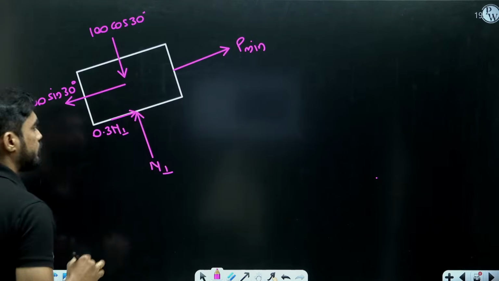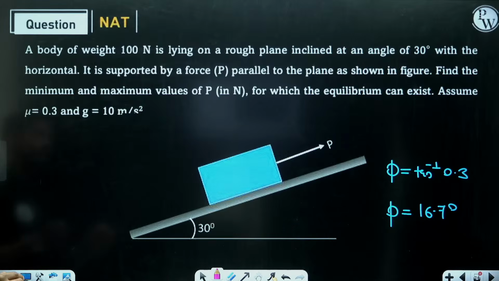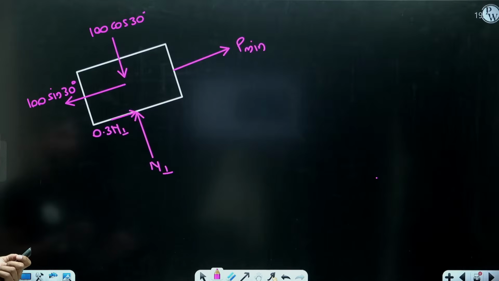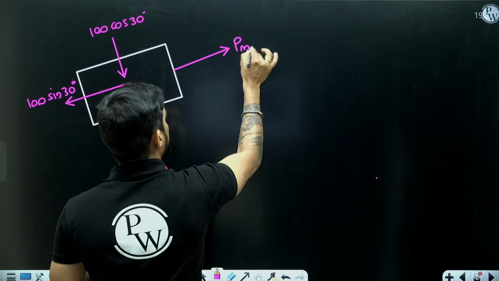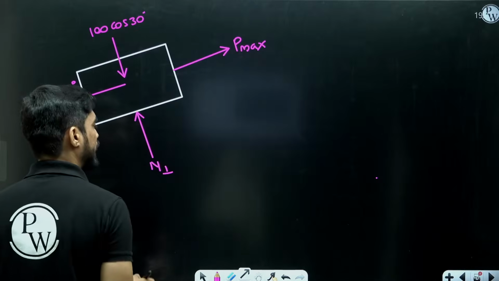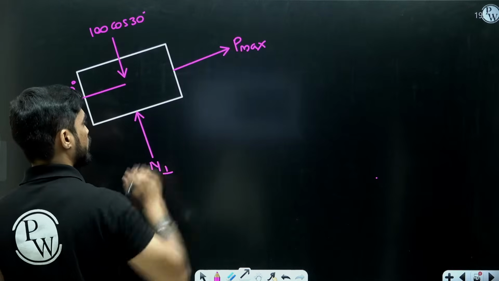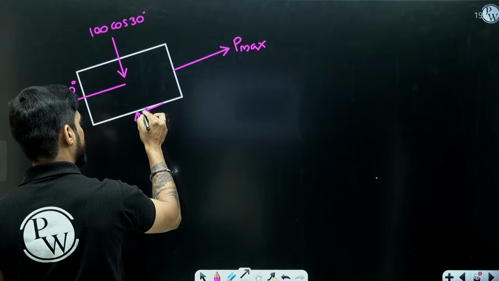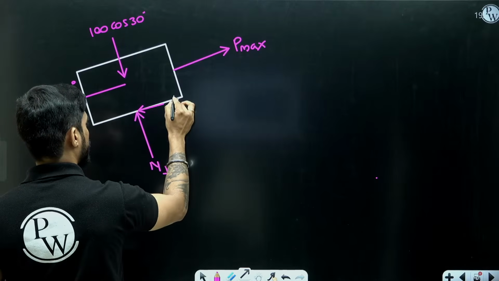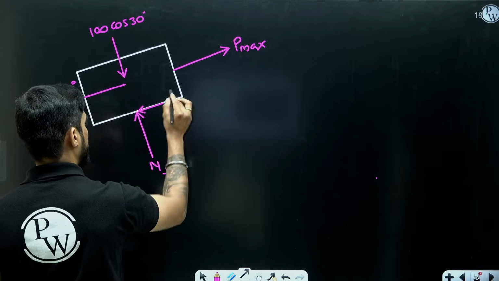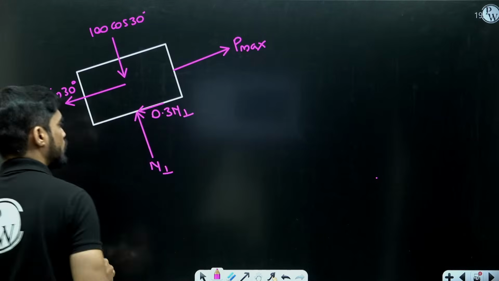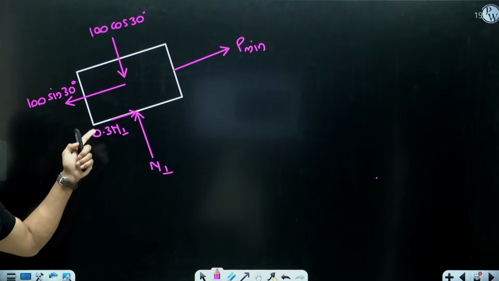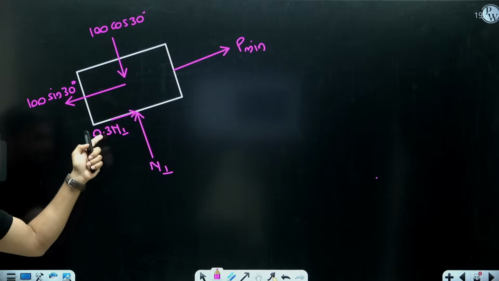0.3 N1. And in second case, we will assume it is just about to go up. So this will be P maximum and it is going up, na? So friction force will be down. So do you understand the difference in both cases? In one case, I am assuming it is going down, so friction force is up.